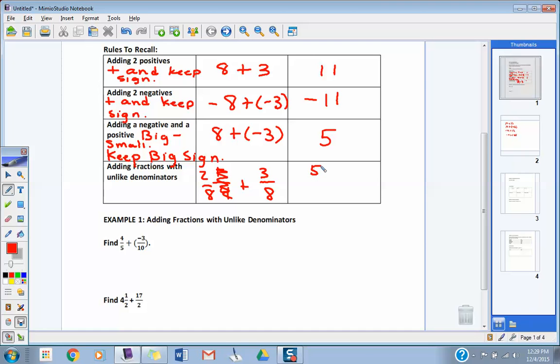All right, let's make sure we're paying attention. We're going to be looking for what we sometimes call a least common denominator. We're going to cheat this a bit today because I think it'll be easier for you. You're going to want to find a common denominator.